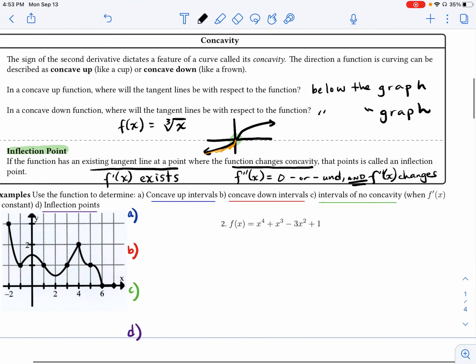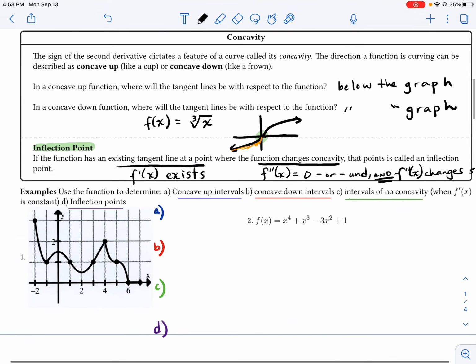So this is very similar to our understanding of extrema, where we would look at where that function's derivative, I should say, is changing signs from positive to negative. When we're looking at concavity, we would say that when the second derivative is either 0 or undefined, if the second derivative does indeed change signs there from positive to negative or negative to positive, then we can describe that point as being an inflection point.